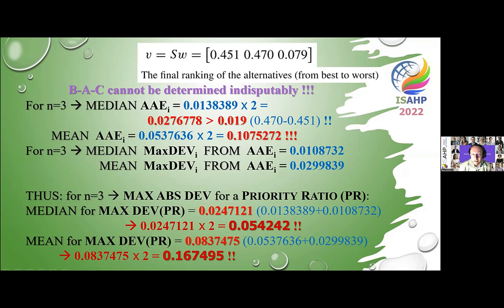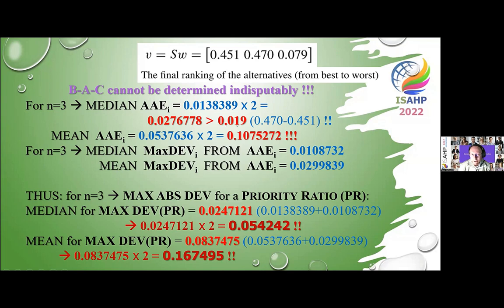priority ratio here. So this rating, basing only on the median value of all average errors, indicates that the order can simply change. It can be BAC, but it can also be ABC without any problem.